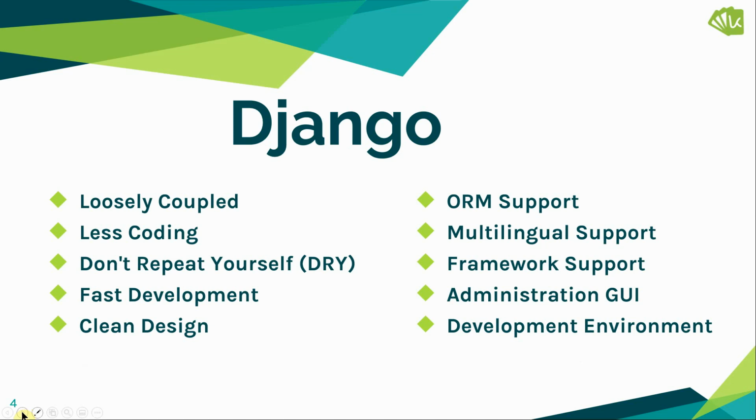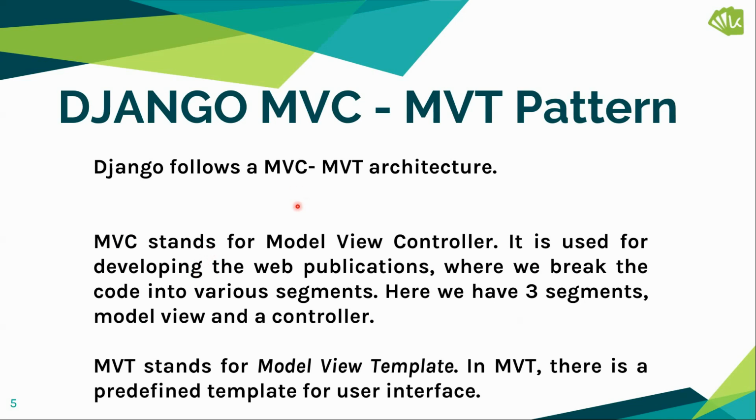So with these concepts clear, we will now head into the MVC and MVT architecture that Django follows. We'll actually cover MVC first, and then we'll go to MVT. MVC basically consists of model, view, and controller. The model is the layer which interacts with the DB.